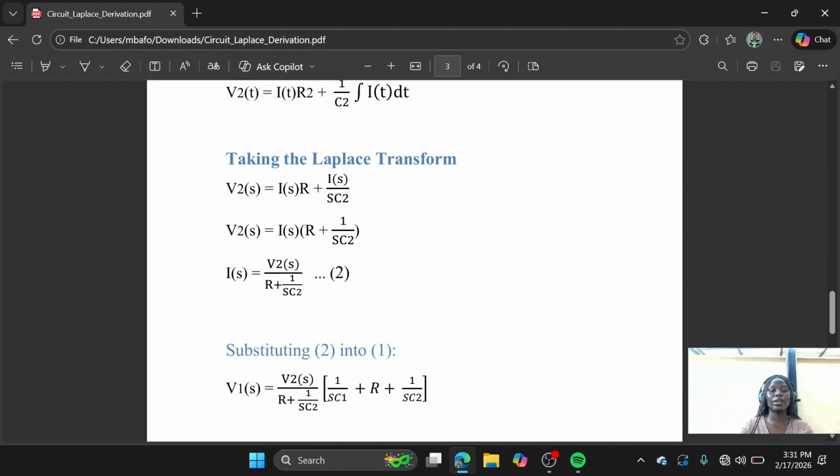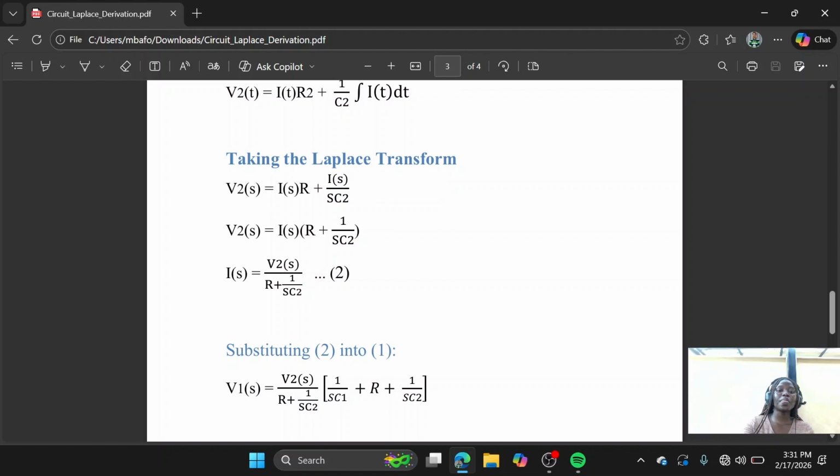Then V2(s) is equal to I(s) brackets R plus 1 over sC2 close bracket.